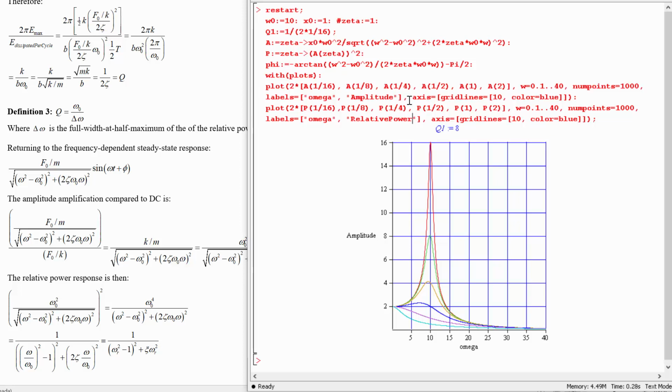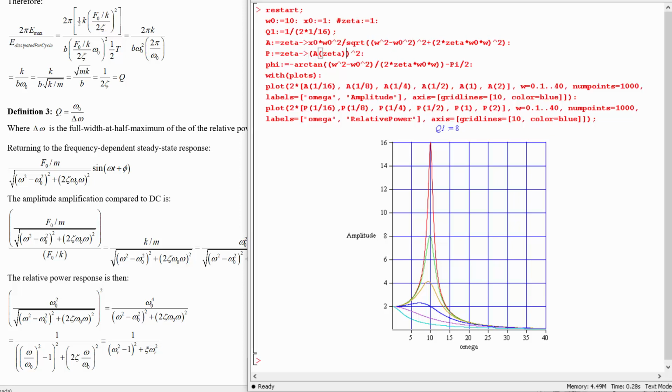Okay, actually, this would be just kind of regular power. So since this goes to an amplitude of 2 at this point, if we want power to be relative, then we're going to want to take this and divide it by the same thing when we substitute omega equal to 0.